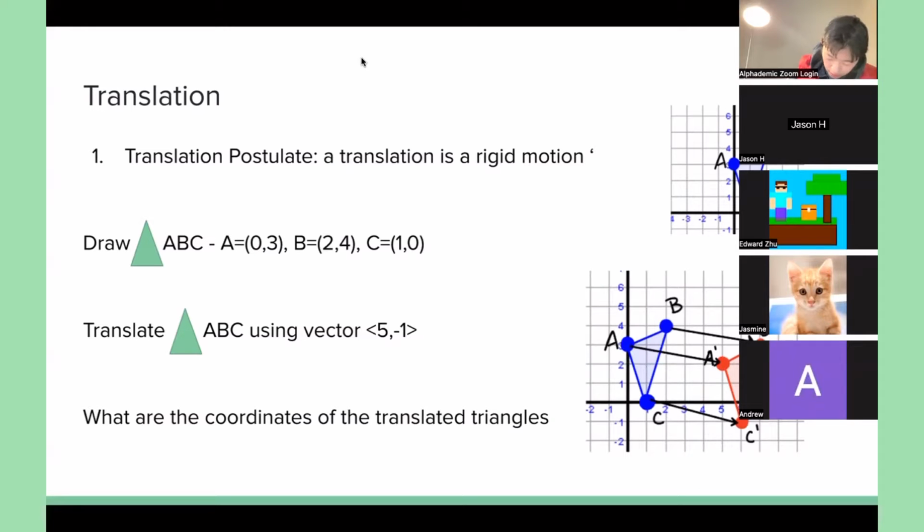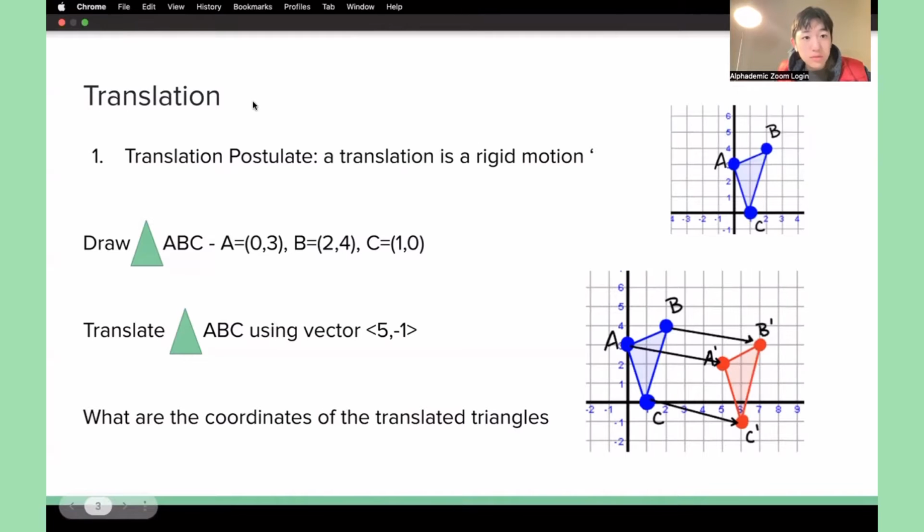So what are the coordinates for A prime, B prime, and C prime? And of course, if you're ever confused or if you have any questions, just type them in the chat box.